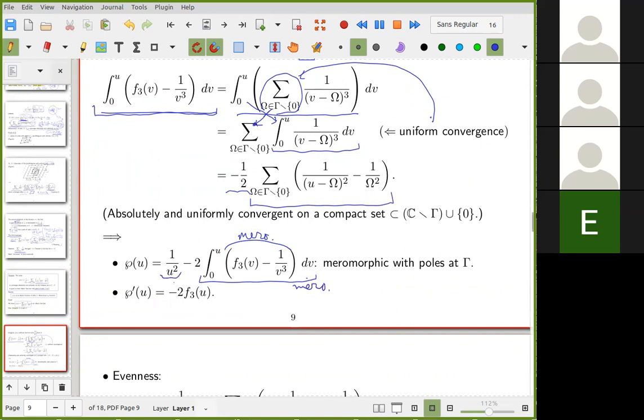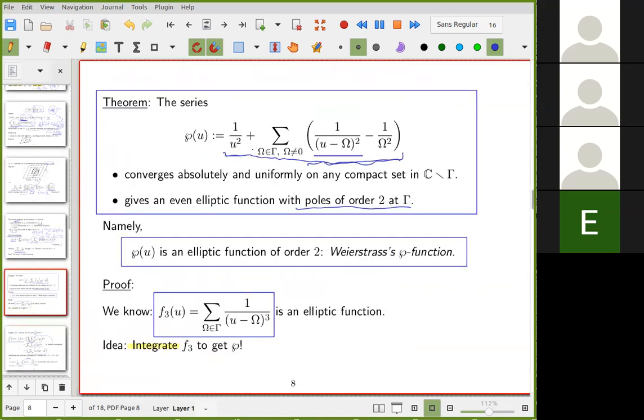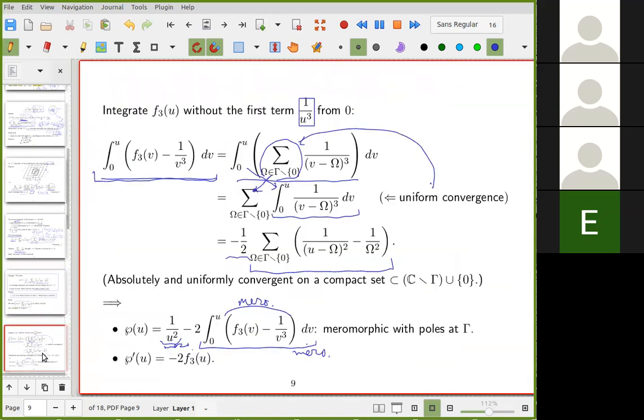So it is proved that this series gives a meromorphic function, and the poles are at gamma.